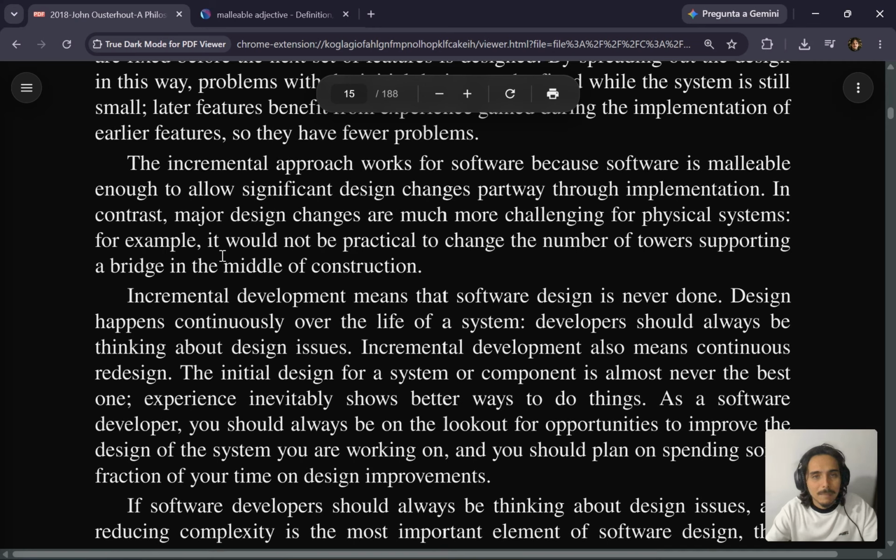In contrast, major design changes are much more challenging for physical systems. For example, it would not be practical to change the number of towers supporting a bridge in the middle of construction. This is one of the big differentiators. It's kind of obvious to say, but I think it's important for any software engineer to be conscious of this. It's the property of software systems that they are very malleable in contrast to physical systems.